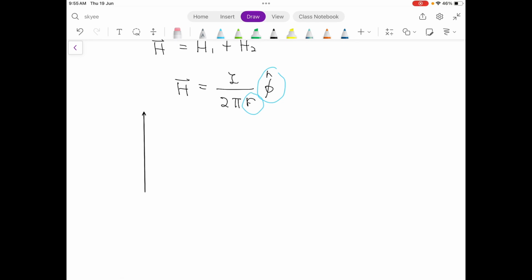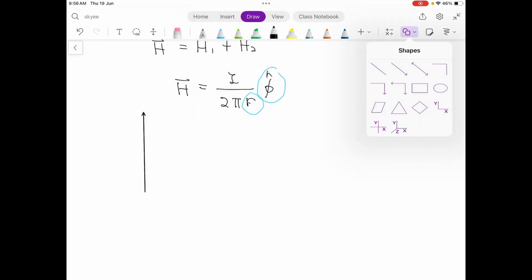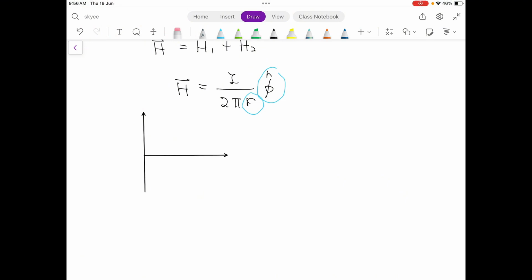So we have the Z axis, the Y axis, and the X axis.